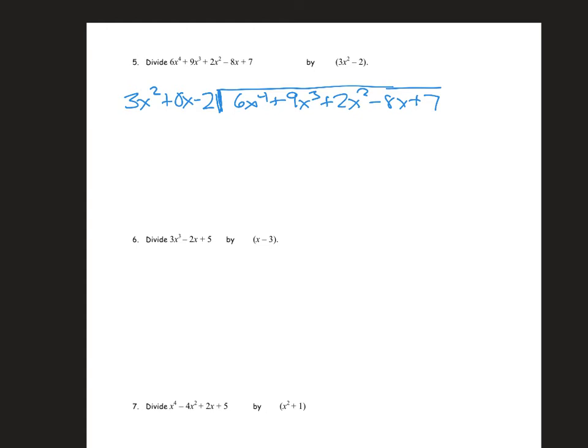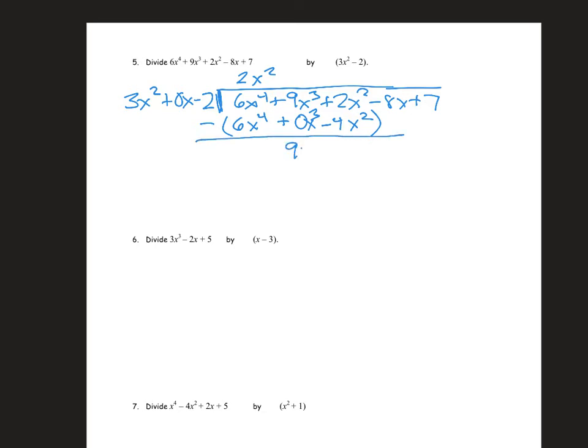Let's go through the division here, just so I can show you that the 0x isn't going to negatively impact it. It will just make things line up nicely. We ask ourselves what times 3x squared will get us 6x to the 4th, and that will be 2x squared. Then multiply that times every piece of the divisor. So I get 6x to the 4th plus 0x cubed, because 0 times anything is 0, and minus 4x squared, and then we subtract.